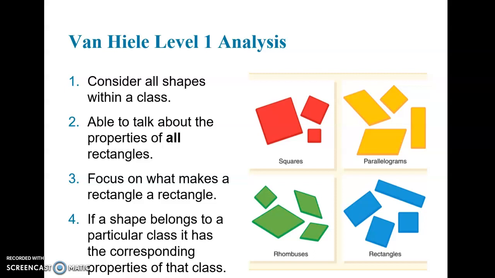By focusing on the shape, students are able to think about what makes a rectangle, such as 4 sides, opposite sides parallel, opposite sides the same length, 4 right angles, congruent diagonals. Irrelevant features fade away into the background. Students begin to understand that if a shape belongs to a particular class, such as cubes, it has the corresponding properties of that class.